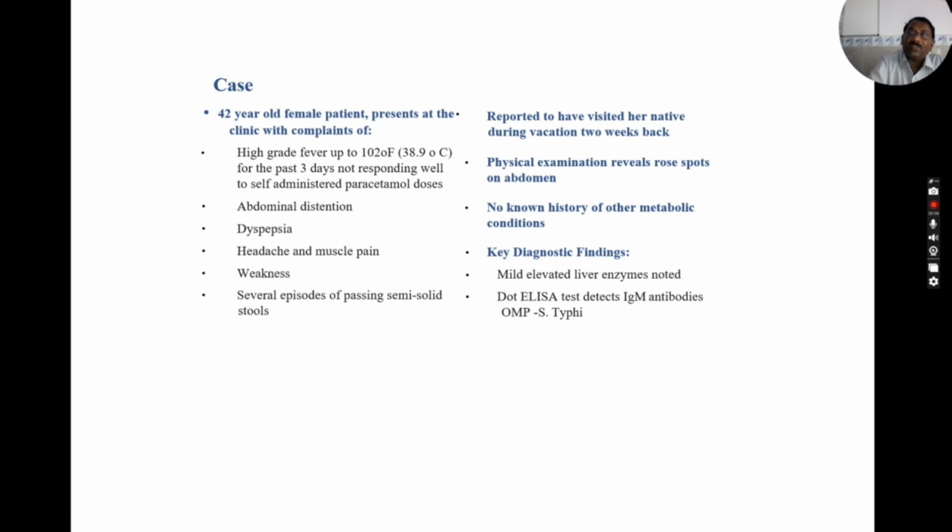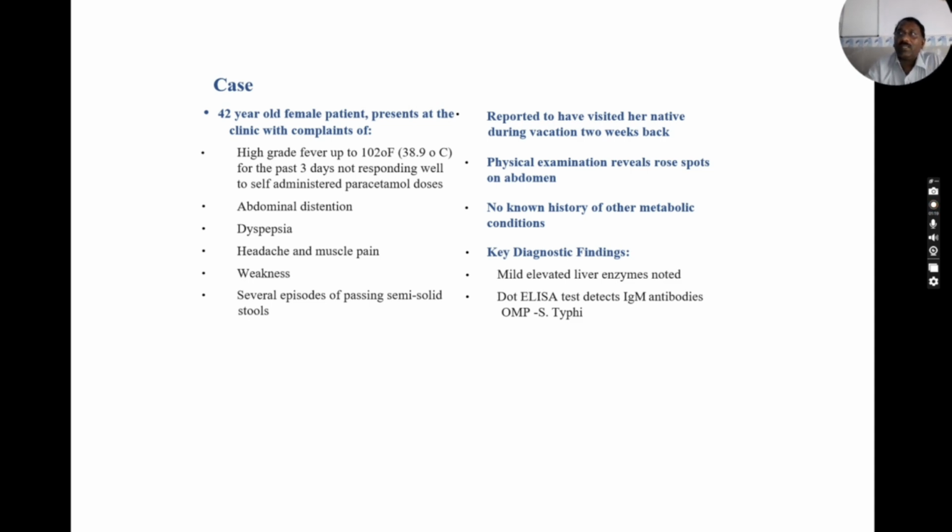So what is your diagnosis? Female, high fever, 3 days, not good response to paracetamol, also having abdominal distension, dyspepsia, headache, myalgia, asthenia, and passing semi-solid stools. So probably in the first week of typhoid fever.